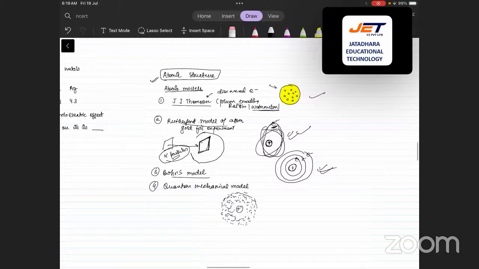Now, we have learned about the J.J. Thomson model, the Rutherford model, and now we are on the developments that led us to Bohr's atomic model. So in that we learned about the dual nature of electromagnetic radiation, and second we will be learning about the atomic spectrum.